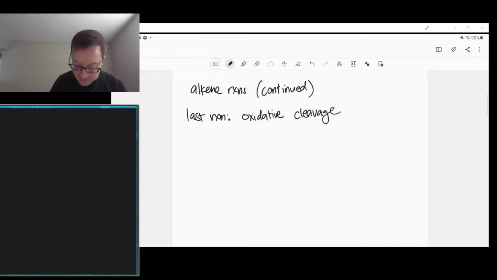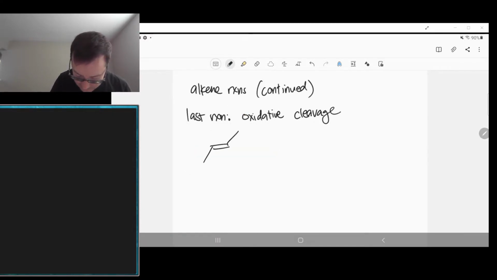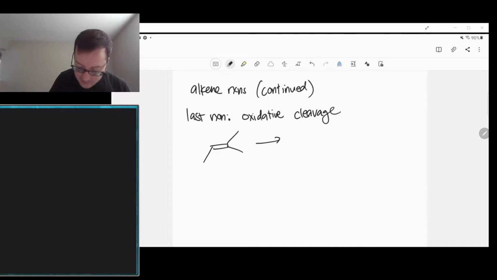Okay, oxidative cleavage. We're going to take an alkene. I think this is our typical alkene of choice. We have two options here of choices of what to make. We're going to see that ozonolysis will be one of them.